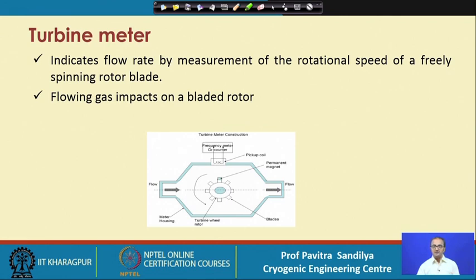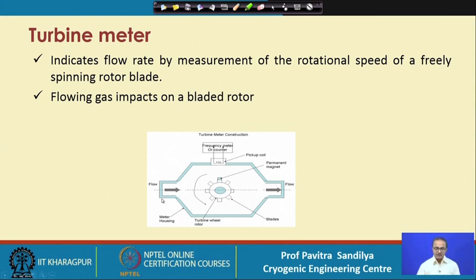So, this is different from the rotary displacement meter, because there some particular volume was rotating the two impellers, and the turbine meter is also rotating, and the spinning blade is dictated by the flow rate.